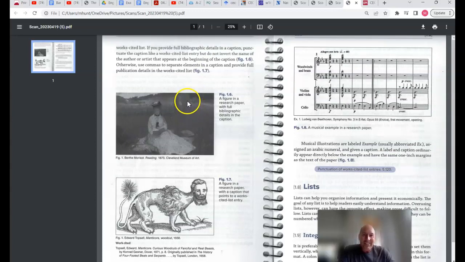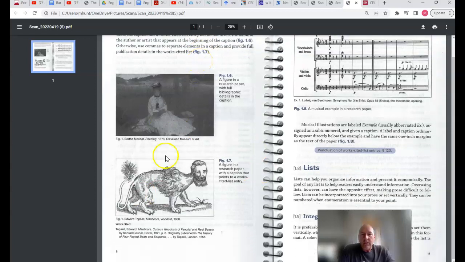I don't know why you would, but these have been labeled like this painting. They've called it figure 1 as an example, and this one's figure 1. But if they were in both of your papers, it'd be figure 1, figure 2, figure 3. Basically what you do is you put the full citation below the figure, okay? And it says up here that you punctuate it as you would in the works cited entry.